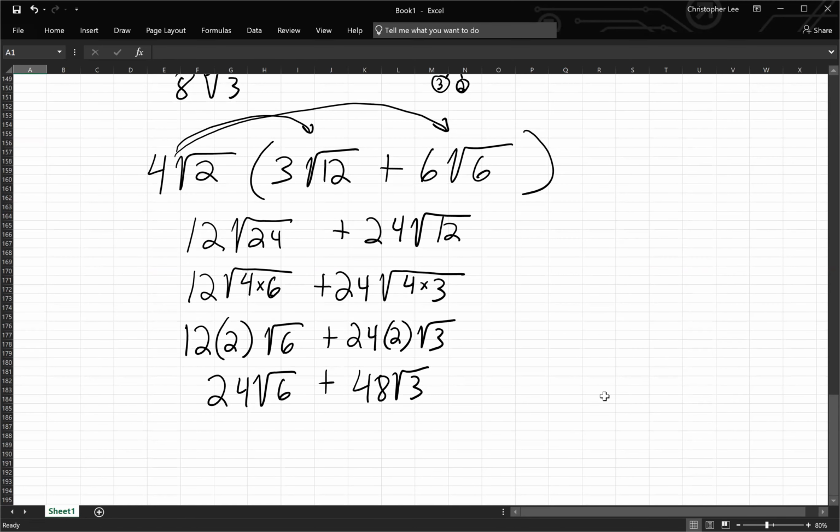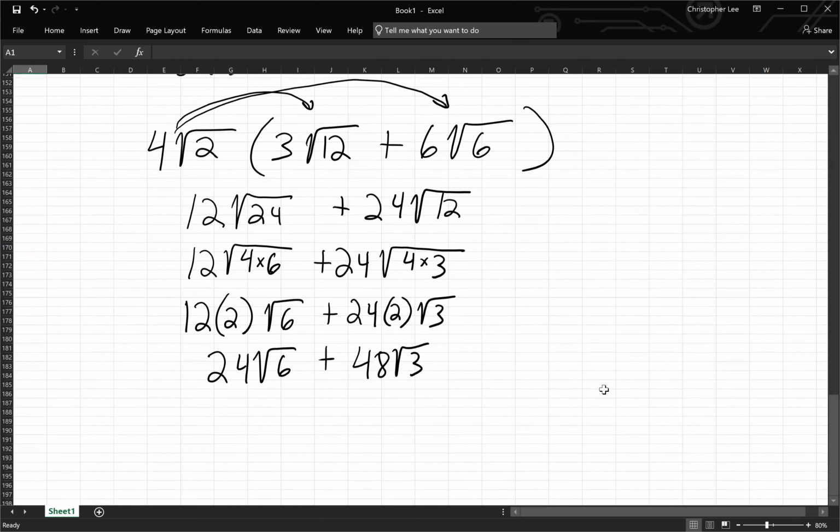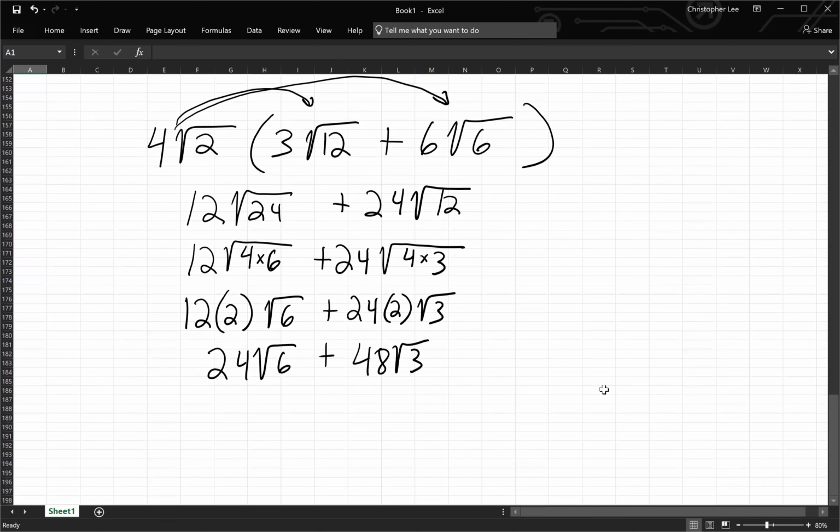That's it. So just distribute, come on. So multiply by the conjugate, right? What's the conjugate of that? Conjugate means opposite.